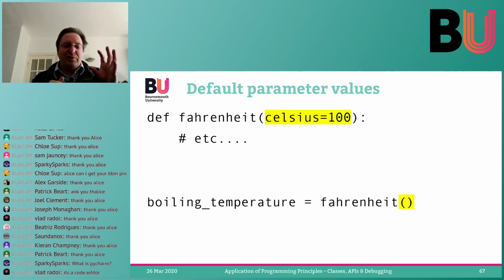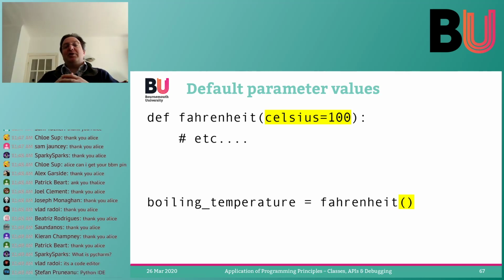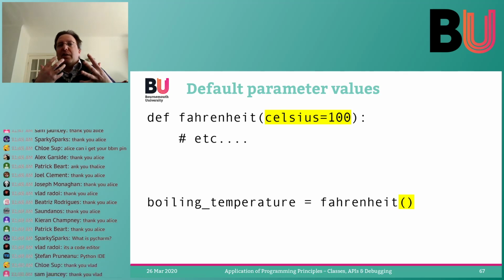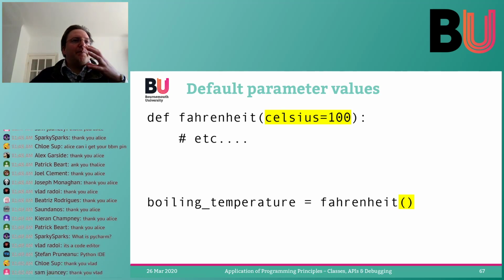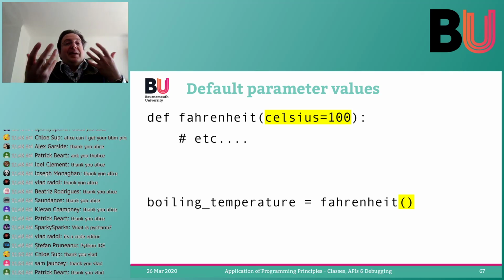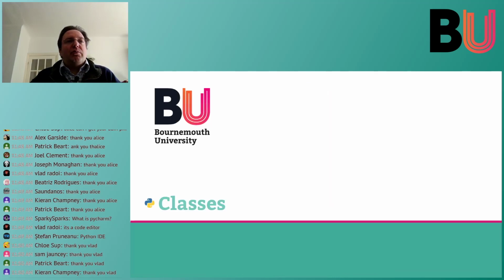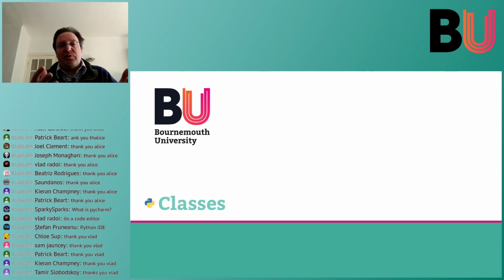In Java, you technically can't do that, but what you can do, which is almost the closest to that, is define them as static. A static method in a class is one that does not need a class instance, an object, to actually be called. And in Python we don't need that because we have free functions.